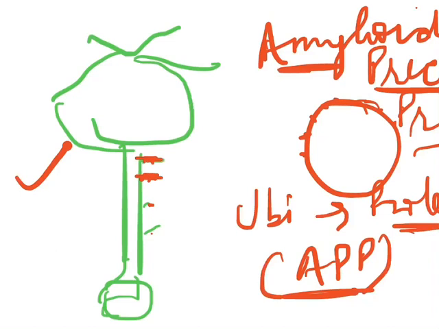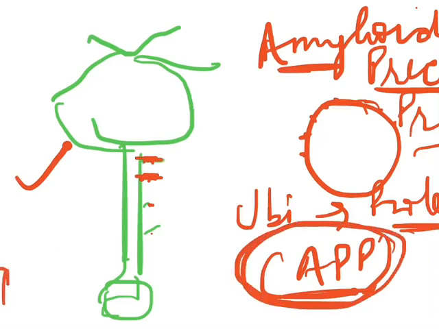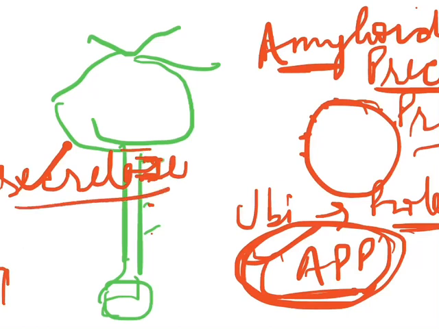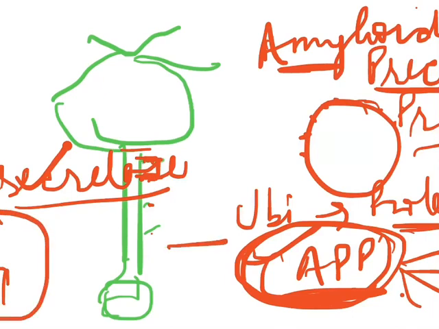Now there are certain enzymes: the alpha secretase, beta secretase, or gamma secretase, for the degradation of this APP. If this APP is degraded by the alpha secretase, then the broken down components won't be toxic to the cell. But if it is broken down by the beta or the gamma secretase, the broken down components will be larger and will become toxic to the parent neuron or the surrounding neurons too.